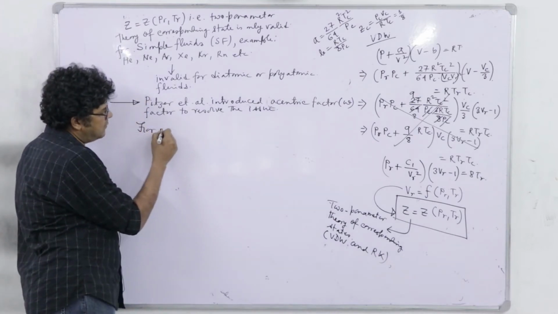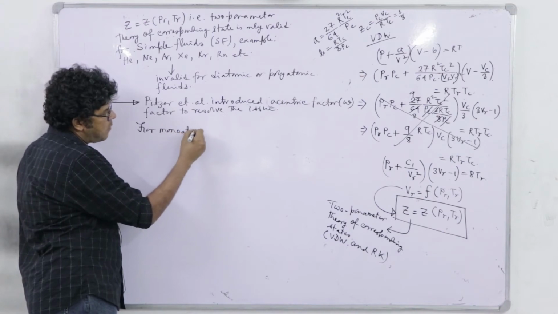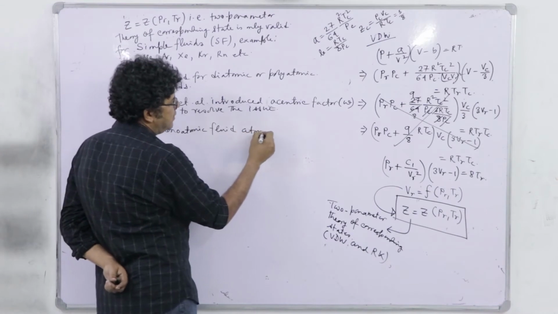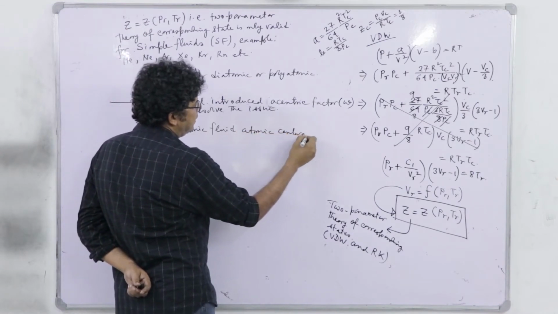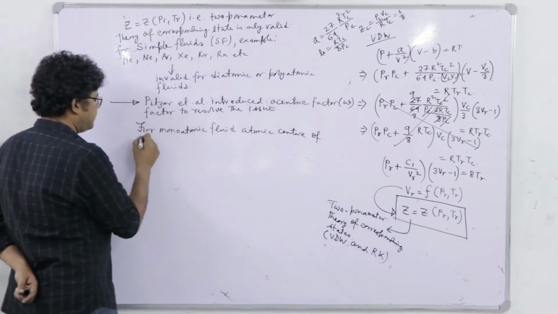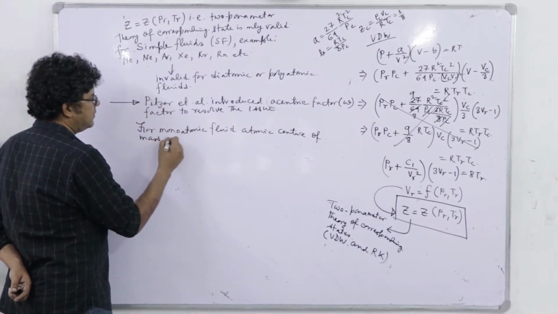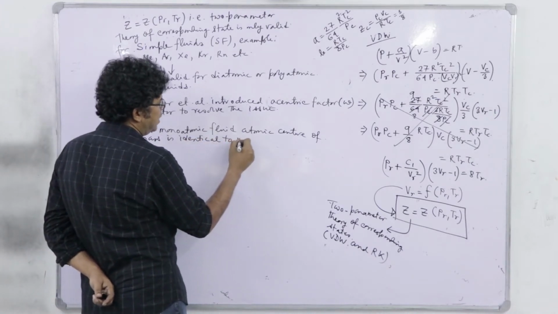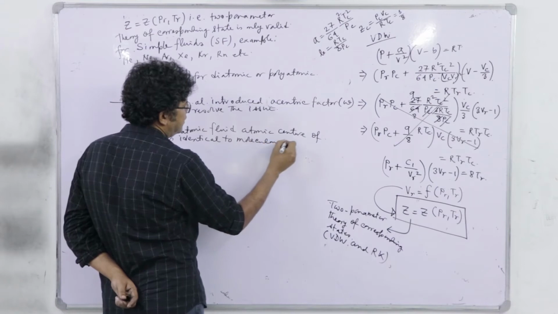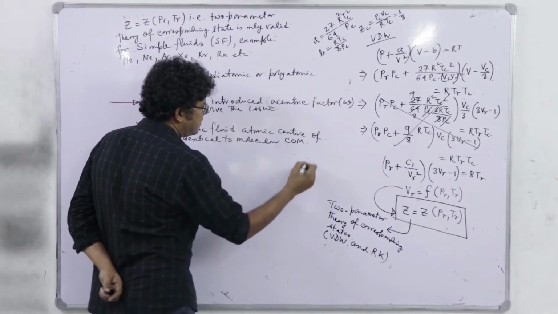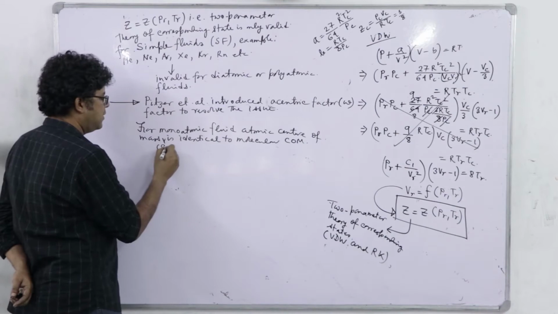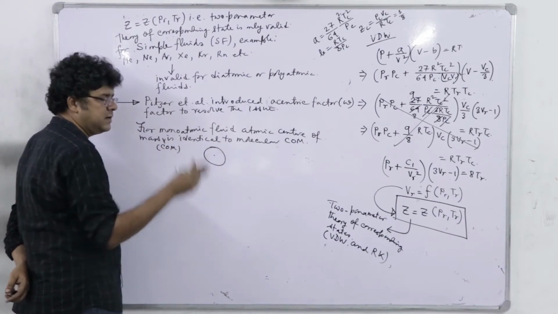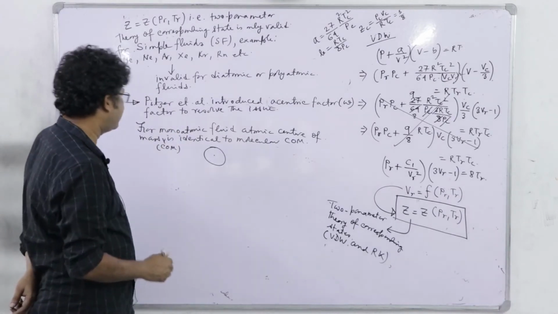For monoatomic fluid, the atomic center of mass is identical to the molecular center of mass, right. Why? Because we have monoatomic, so this is the atomic center, this is itself the molecular center.